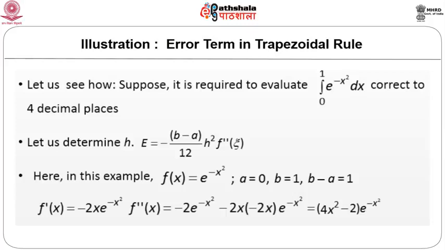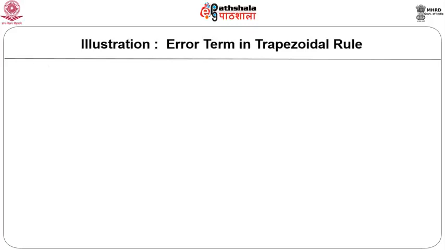To calculate M, let us calculate the first derivative and second derivative of f. f dash x is minus 2x e raised to minus x square, and further differentiating the first derivative of f gives the second derivative. This gives minus 2 into e raised to minus x square minus 2x into minus 2x e raised to minus x square, and the expression becomes 4x square minus 2 times e raised to minus x square.